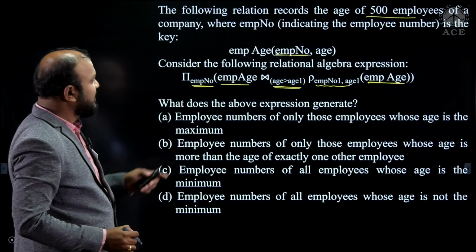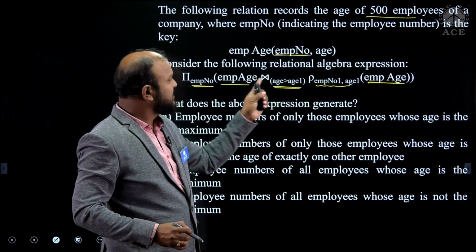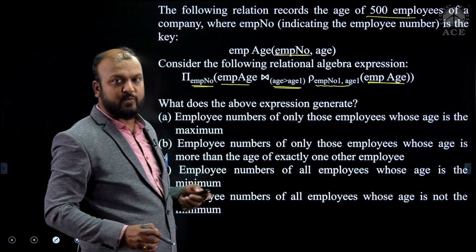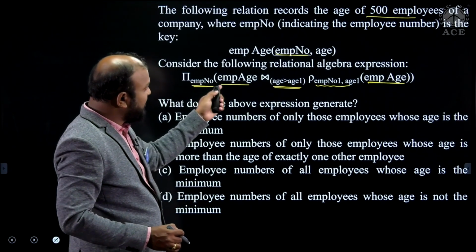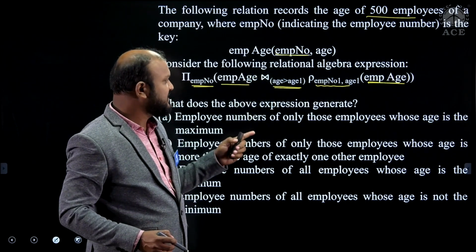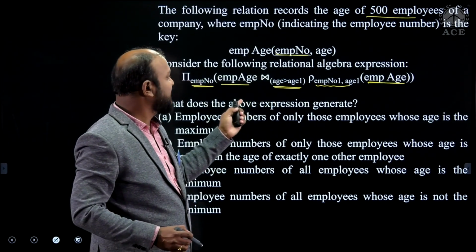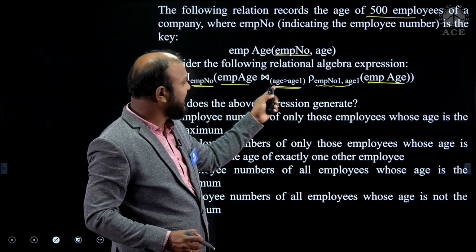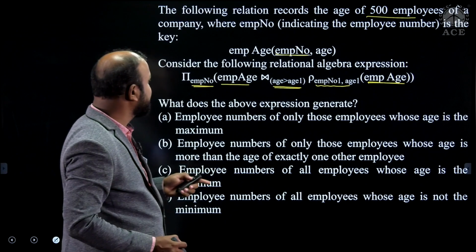Now, between these two tables, we have a join condition, that is age greater than age 1. When you perform a join between two instances, it performs a Cartesian product. Among the Cartesian product tuples, it is going to select only those tuples whose age is greater than age 1.